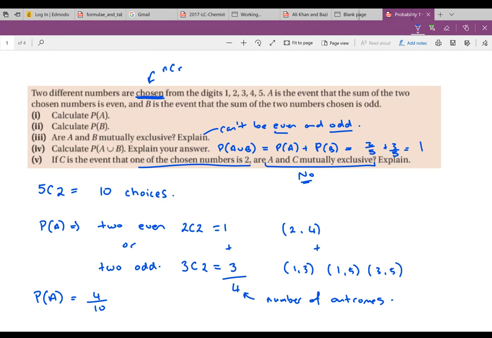And it can. So it can be even and use the number 2.